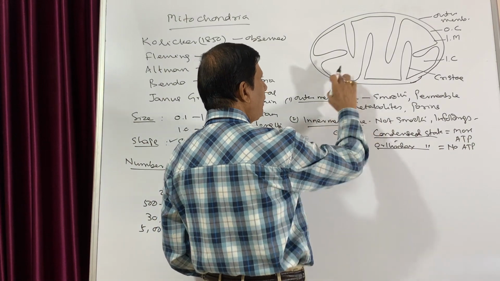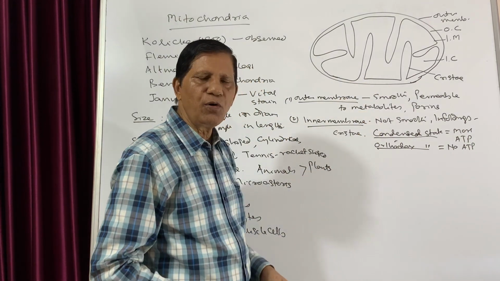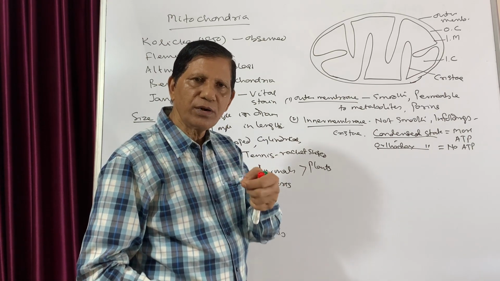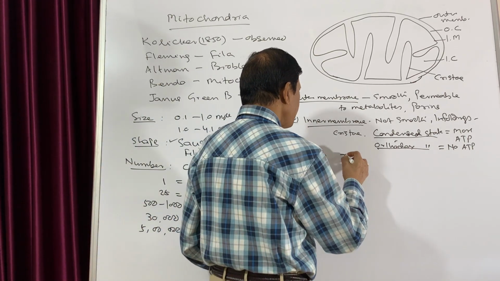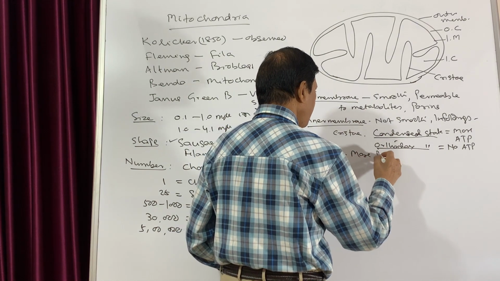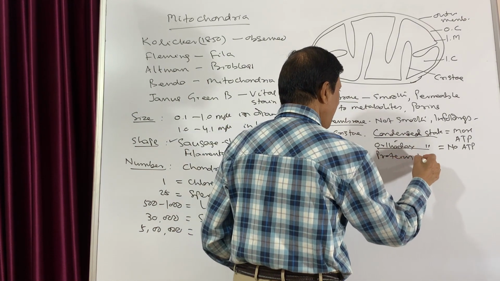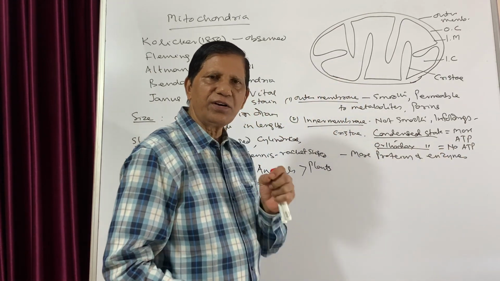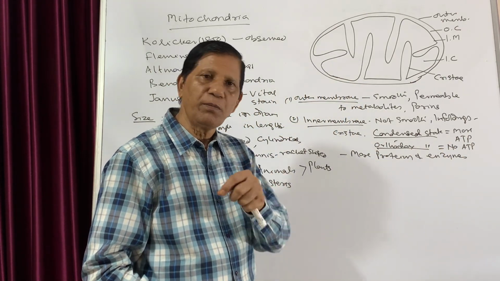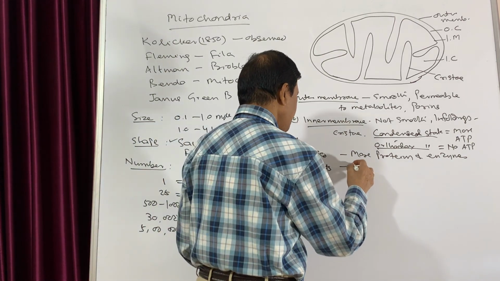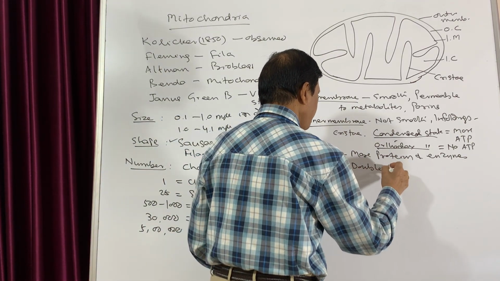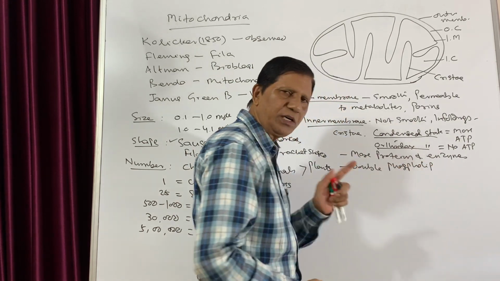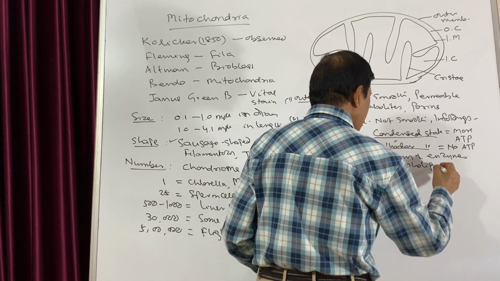Now, the inner membrane, which has several enfoldings and cristae, also contains more proteins and enzymes. It contains a special type of double phospholipid, which is exclusive to the inner membrane, known as cardiolipin.